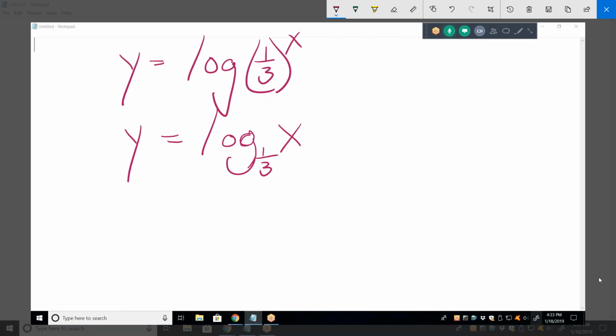When I write it like this, the base is 10. If the base is not written, it's 10. So there's quite a difference between those two.